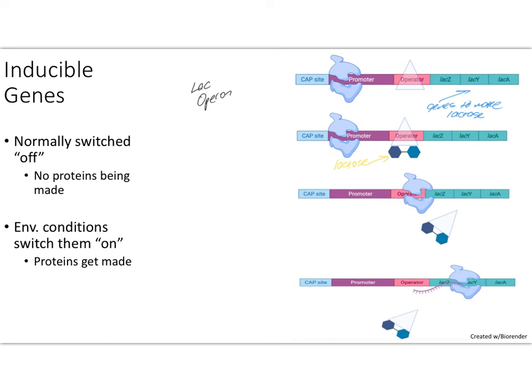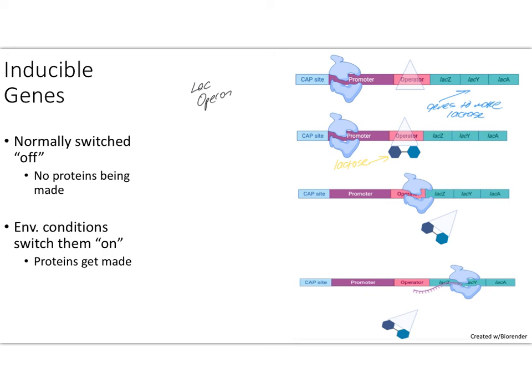So, for a bacterium that has the genes to make this enzyme called lactase, most of the time they are switched off because most of the time the bacterium does not have lactose available to it.